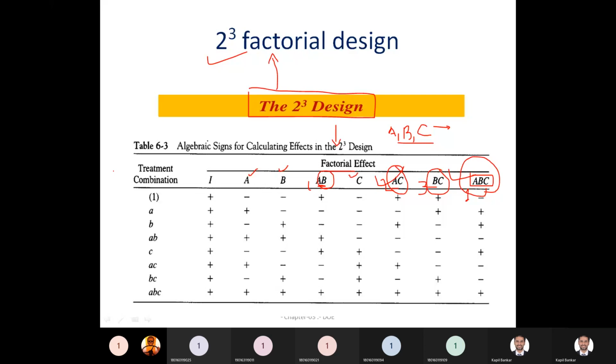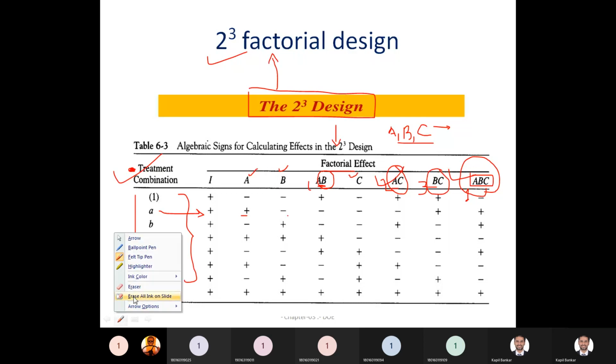And if you take it to execute an experiment, then you must do these 8 experiments with this combination. Suppose for experiment number 2, you must take this combination of A, B, and C. Got it? Then you can also take the interaction like A and B, so that is negative. Likewise, you can perform your experiment.